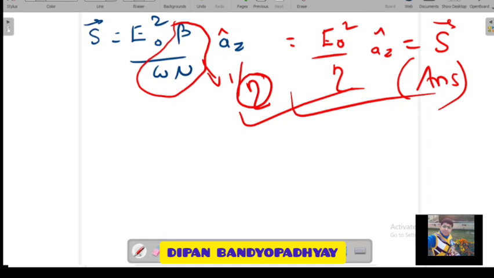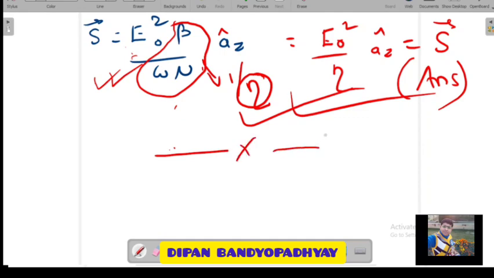Those of you who haven't studied intrinsic impedance yet can keep it here. Up to this point you need to understand: omega is the angular frequency, mu is the permeability, beta is the phase constant, and E naught is the amplitude. So this concludes the problem.